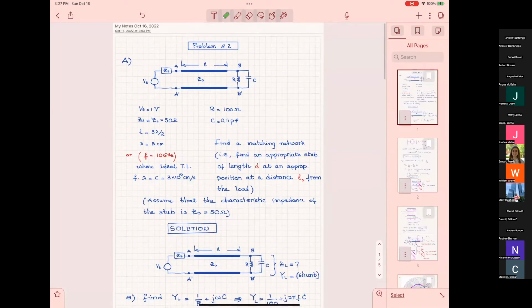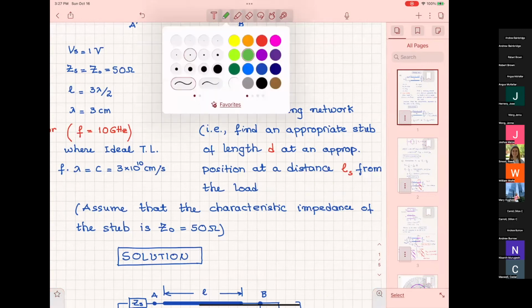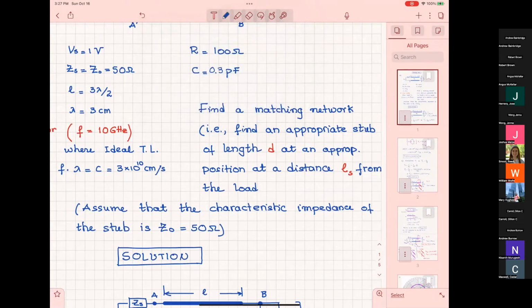All right, so I could have said here that I want the distance L sub S from the load to be the shortest possible. I could put that here as part of the problem, just to simplify things. I don't want you to check two solutions.